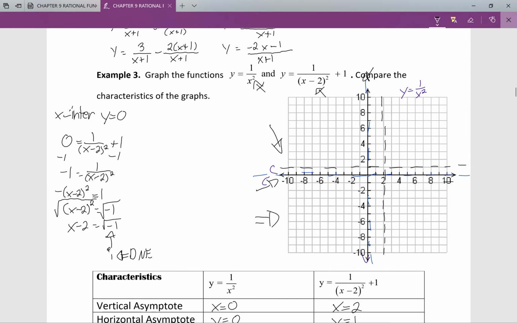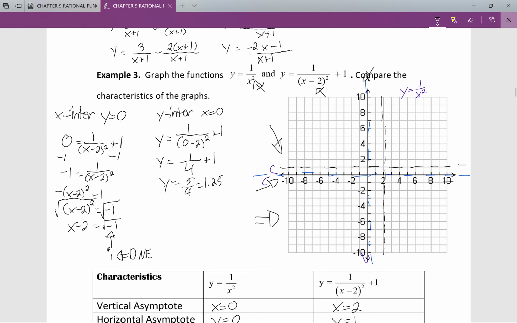My y-intercept, well, let's check this out. For my y-intercept, I know that x is equal to 0. So I get y equals 1 all over (0 minus 2) squared plus 1. y equals 1 over 4 plus 1, or y will equal 5 over 4, which is also equivalent to 1.25.